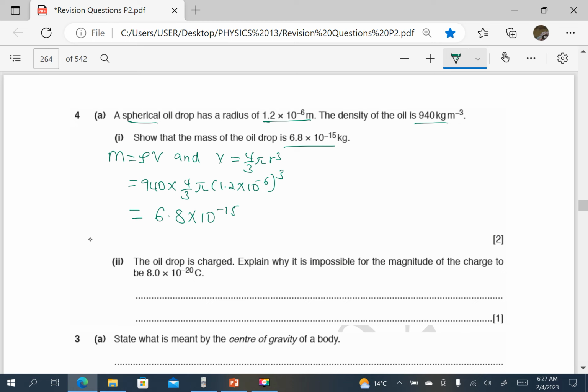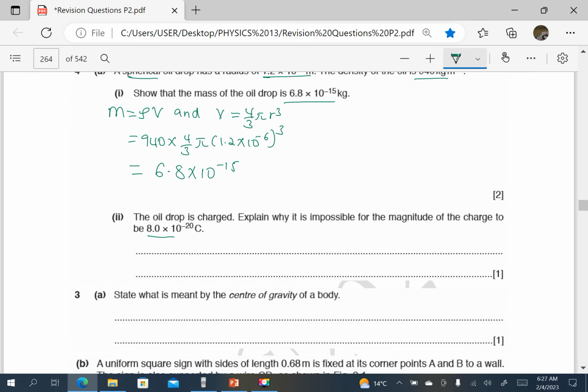The oil drop is charged. Explain why it is impossible for the magnitude of the charge to be 8.0 times 10 power negative 20. Of course, we saw this in one of the units, maybe in electricity we mentioned this, but this is actually in electric fields. 8.0 times 10 power negative 20 coulombs is the same as 0.8 times 10 power negative 19 coulombs, which is a half of 1.6 times 10 power negative 19 coulombs.